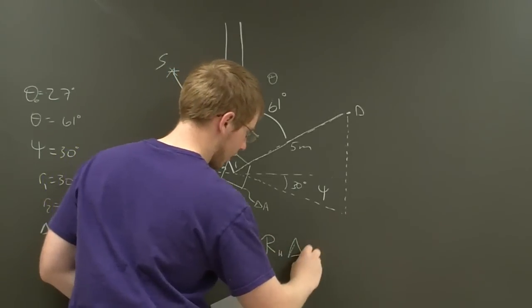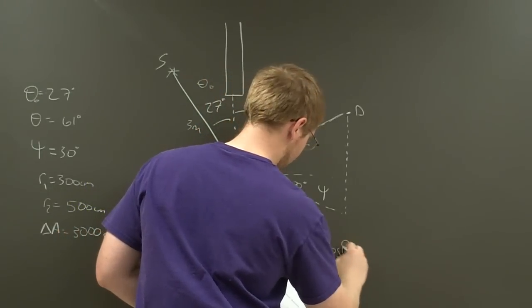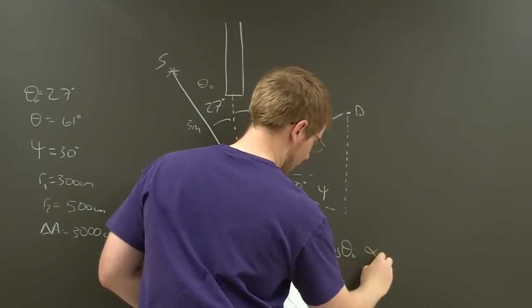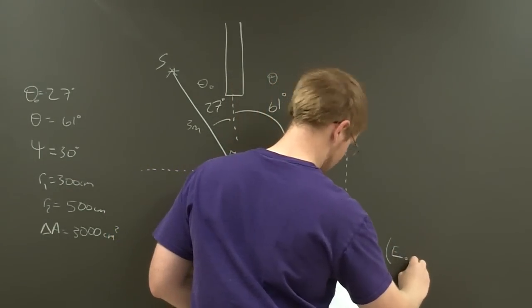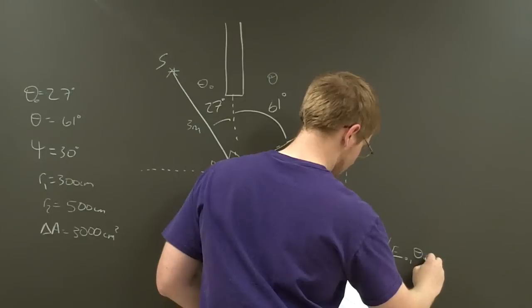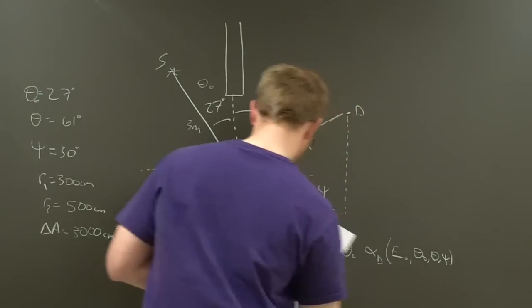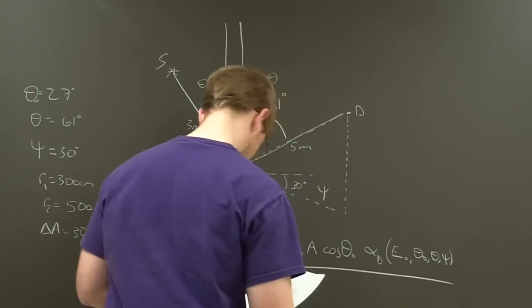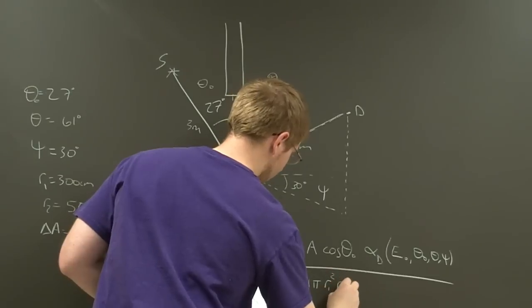We're going to have some area, cosine theta naught, and we're going to have our albedo, which is going to be a function of the energy and all three angles, all over 4 pi R1 squared R2 squared.